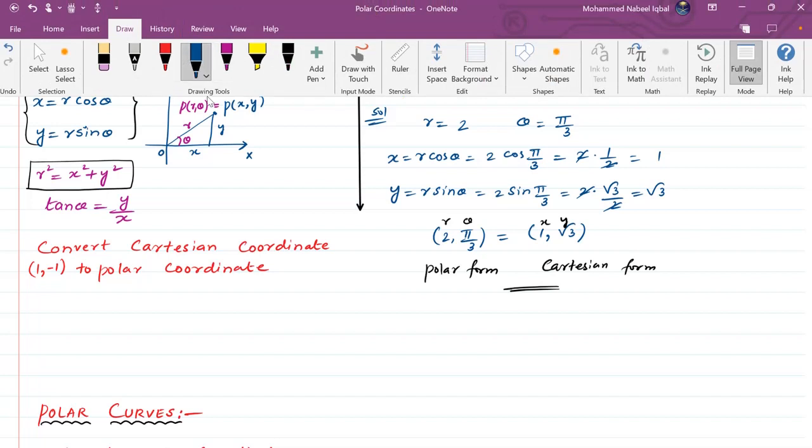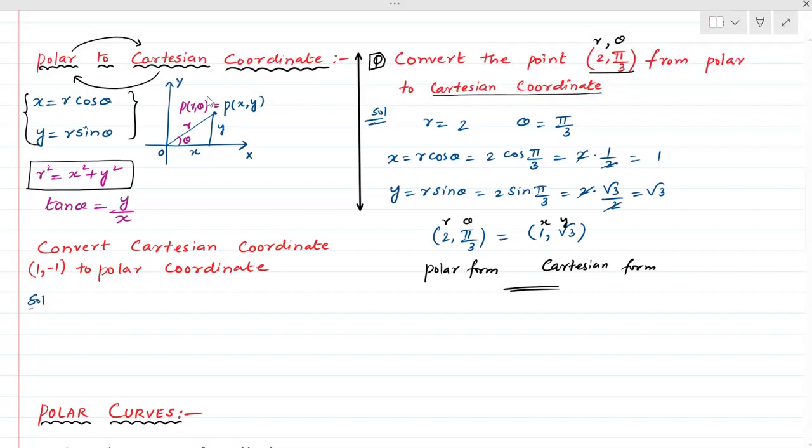Here the given thing is x comma y. So x is equal to 1 and y is equal to minus 1. How will you write this? How will you calculate r?